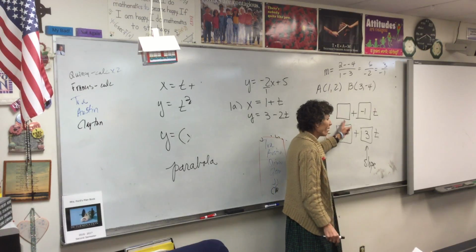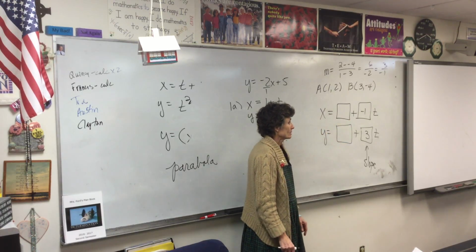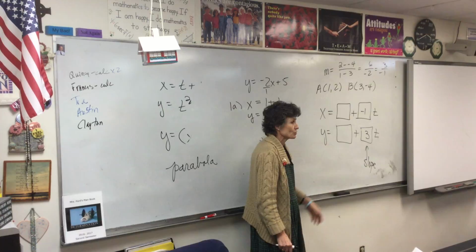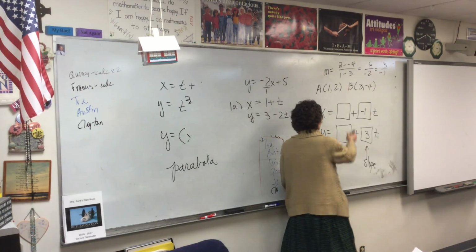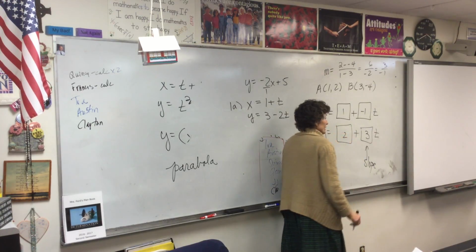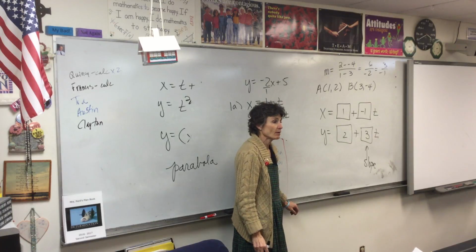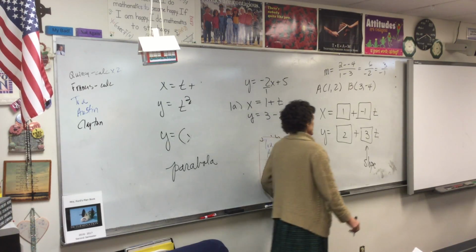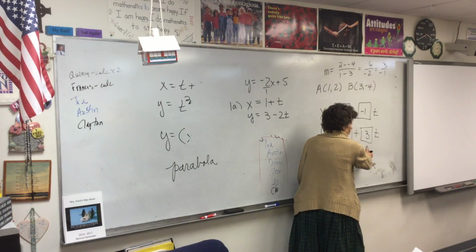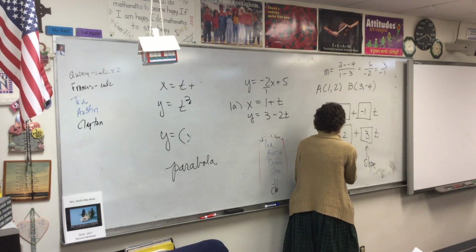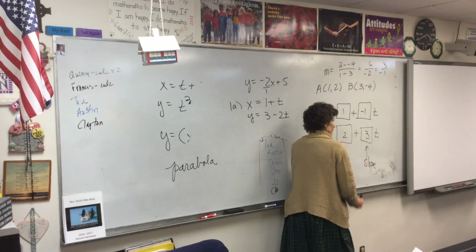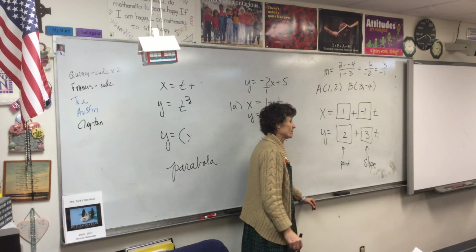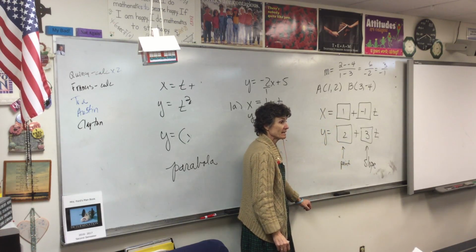What goes in these boxes is either one of those 2 points. So I'm just going to pick 1, 2. And there are my parametric equations. The t boxes get the slope. The other boxes get one of the points. Either one. Use either one, doesn't make any difference.